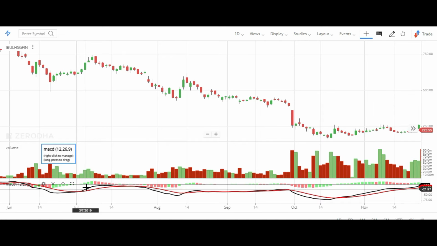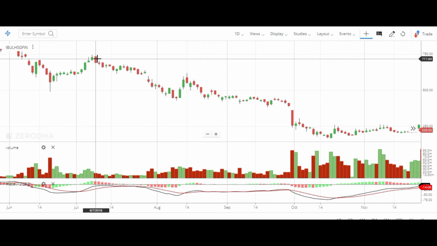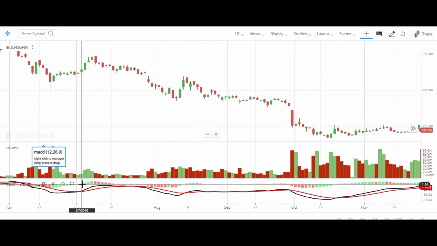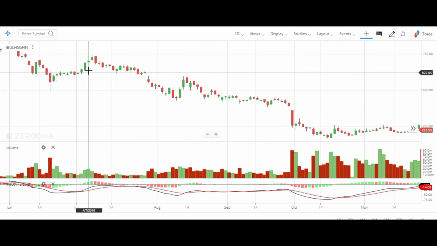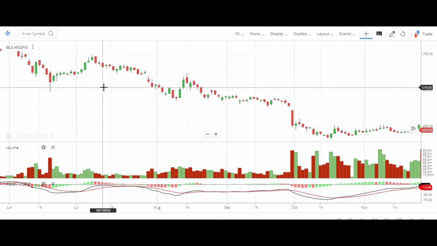All right, see here the histogram increased, and you can notice that the difference between the MACD and signal line increased. It is as simple as that. And the red histogram here says there is a down tick. Here the green says there is an uptick. All right, I hope you have now understood the basics of MACD, what is there in it, how to read it.